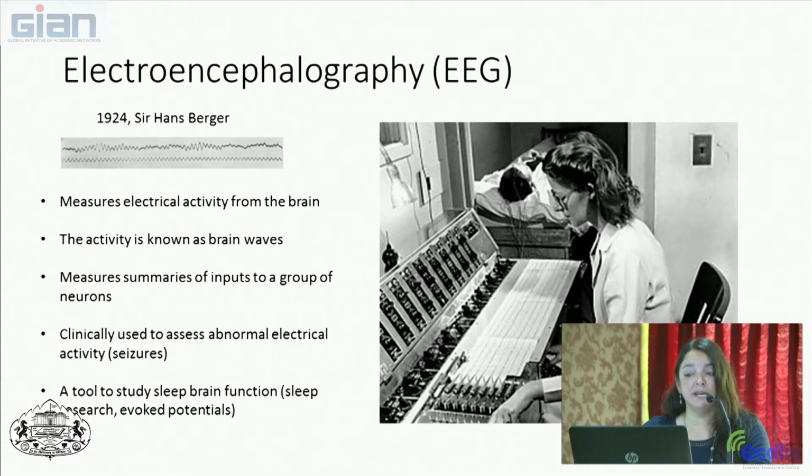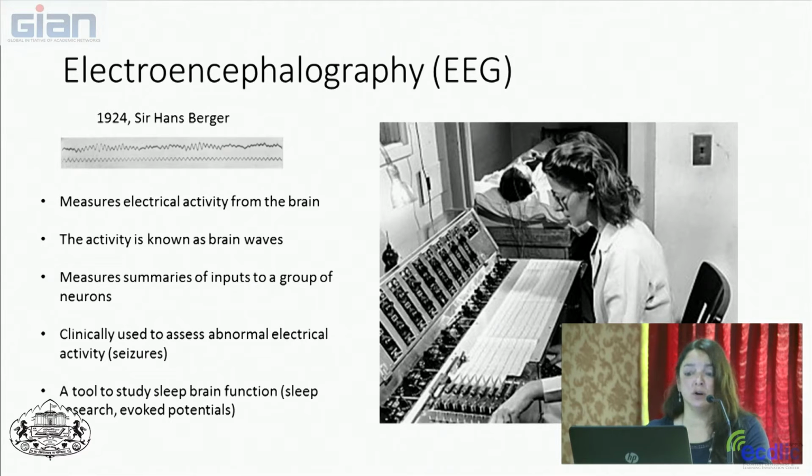When you collect data using EEG, you're measuring summaries of inputs to a group of neurons. So you're not measuring each neuron singly as it fires, but what you're getting is basically a summation of what's going on underneath the part of the tissue that you're looking at.